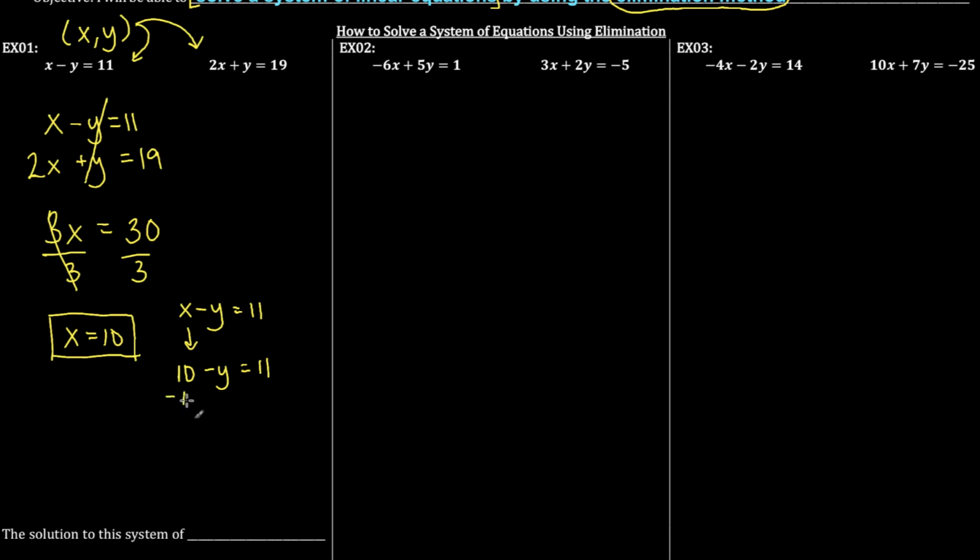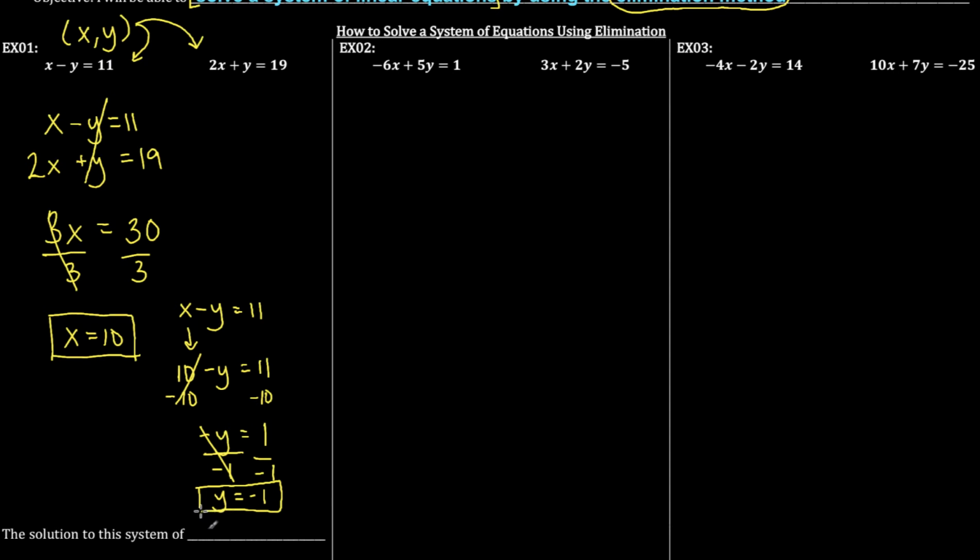And I will subtract the 10 from both sides. Negative y equals negative 1, since 11 minus 10 is positive 1. And then I'm going to divide by negative 1, and my y is negative 1.